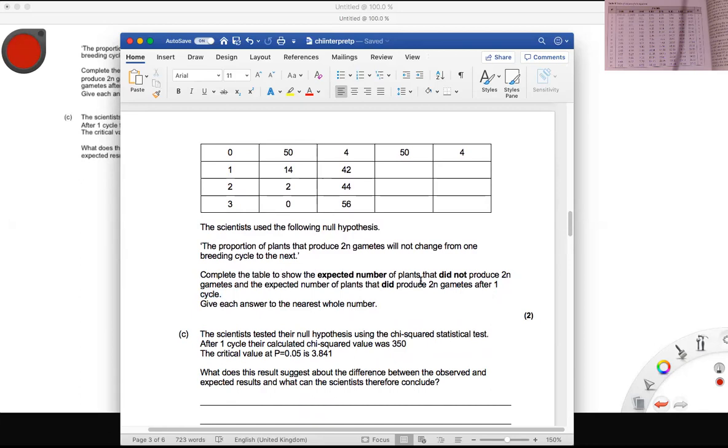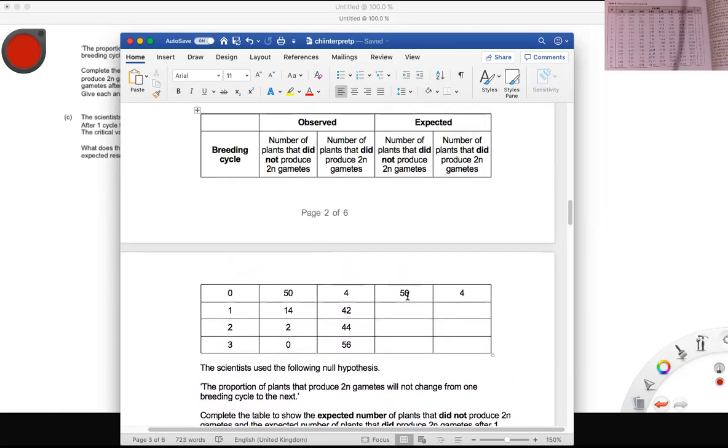So the first thing that we need to do is work out the proportion, because the null hypothesis references the proportion of plants. So first we need to work out what proportion of plants produce 2N gametes in our expected table.